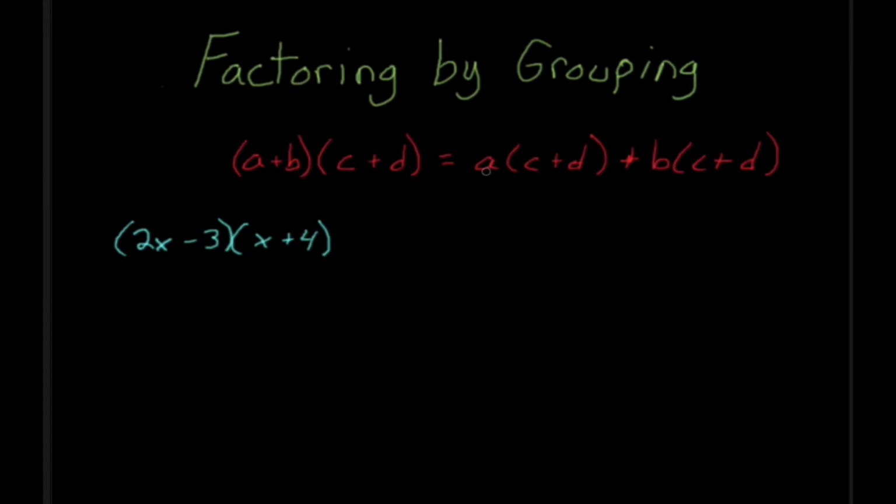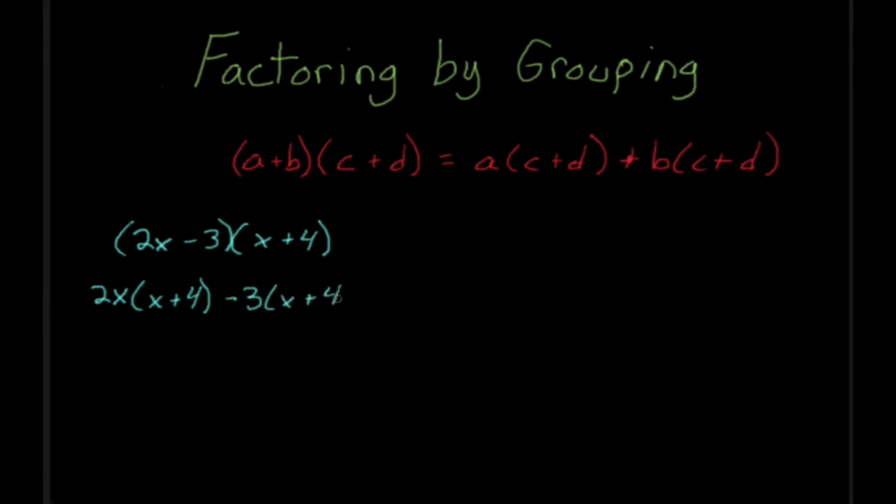So that would be equal to a times c plus b times c plus d. Usually we just multiply it out, but in this example, I'm going to write out this step. That's going to be 2x multiplied by x plus 4 and negative 3 times x plus 4.